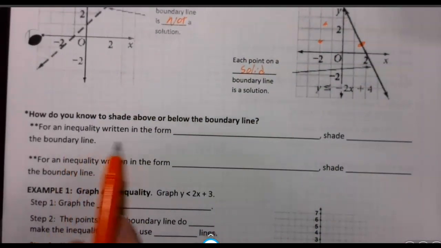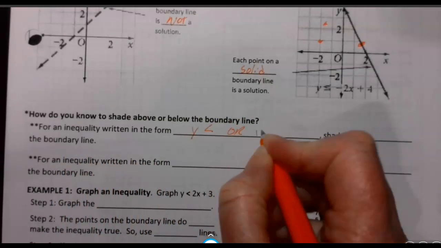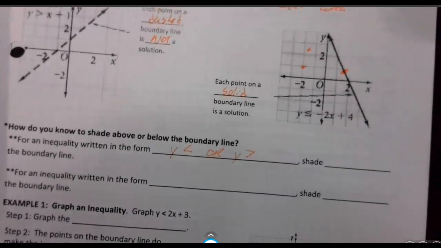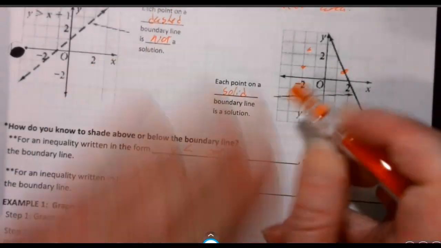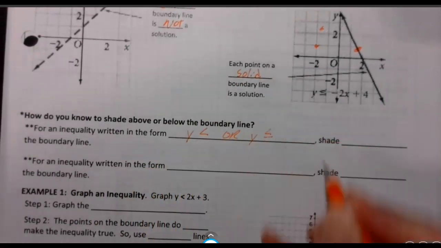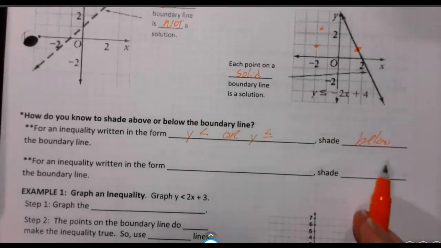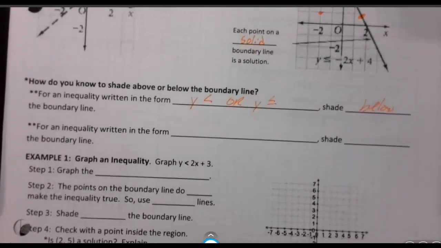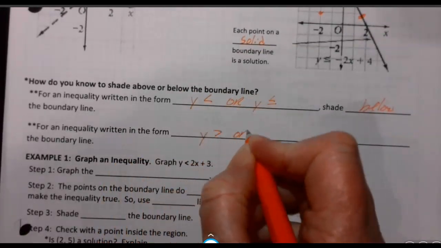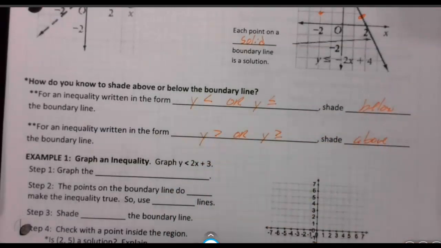For an inequality written in the form y is less than or y is less than or equal to, you're going to shade below the line. That gets a little fuzzy, so I'm going to show you another way to look at it. For an inequality written in the form y is greater than or y is greater than or equal to, it's going to shade above the line.